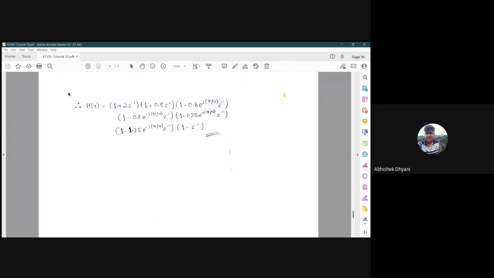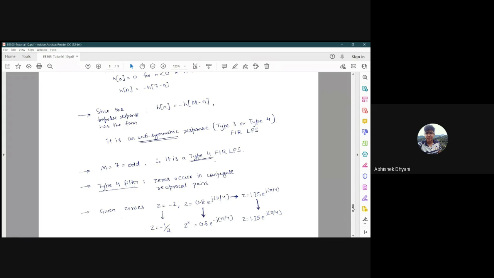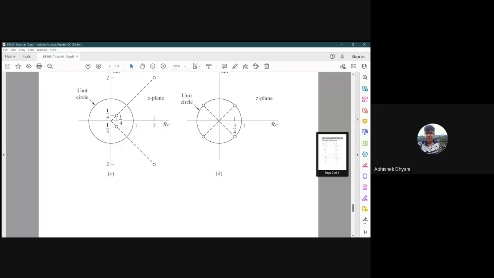So this is the overall H(z), comprised of all the zeros of the system, and this is a type 4 FIR linear phase system. So on the basis of this system function, we were able to determine the zeros. And this was the last question.